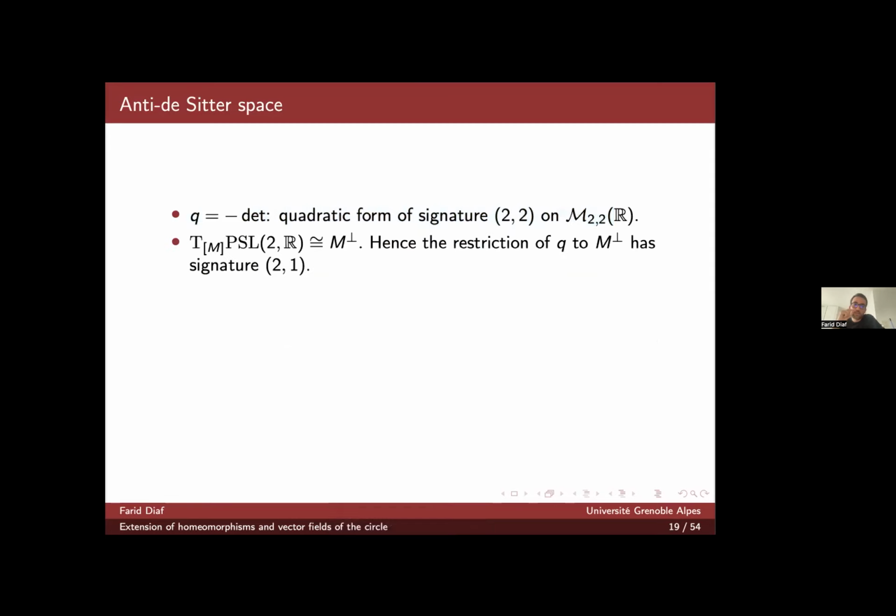The tangent space of PSL2R is identified with the orthogonal of M, here the orthogonal with respect to this quadratic form. And so the restriction of Q to each of these vector hyperplanes has signature 2,1. When we have such a thing, this is a Lorentz bilinear form.